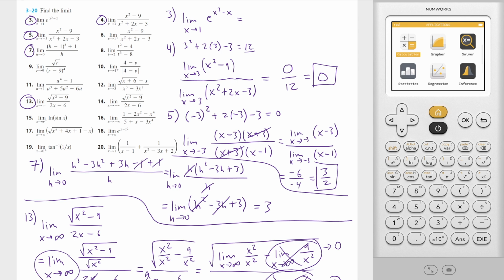But afterward, I realized something, which is that the function e to the x is continuous on all real numbers.